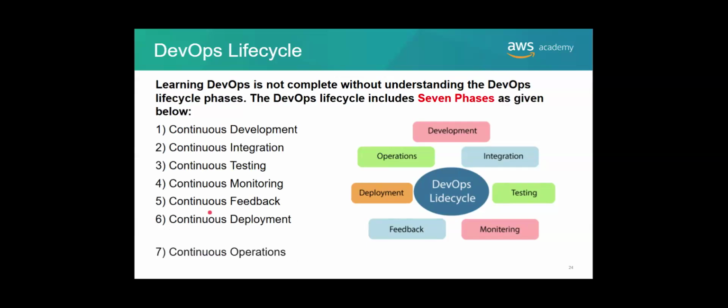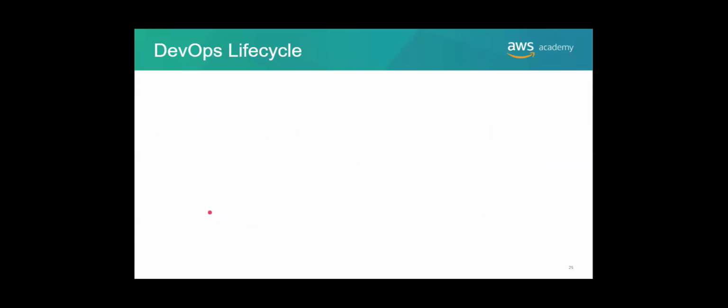All these have the word "continuous". That means it'll keep on running. This is like a chain. It'll keep on moving in the same line. It'll give feedback, monitoring, testing, integration, development, deployment, and operations as well. Now let us see one by one.